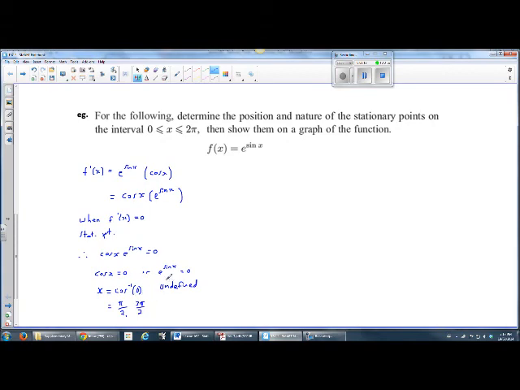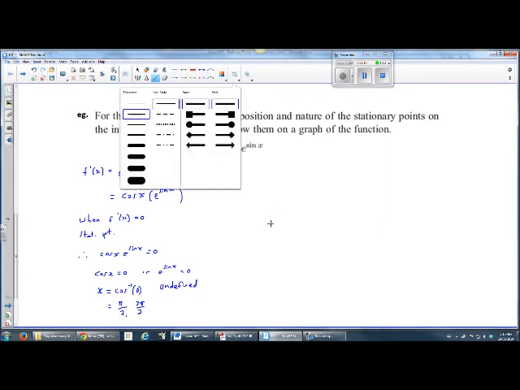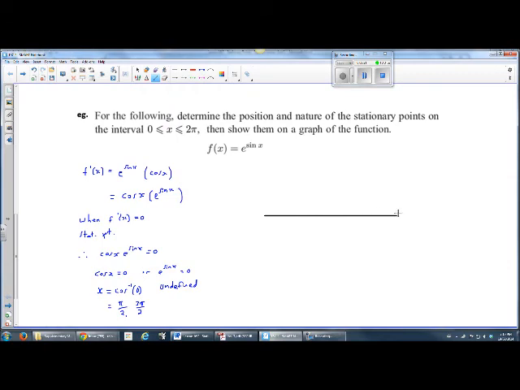So now we'll draw a sign diagram. We see here that we are at pi by 2 and 3 pi by 2. Now it's on the interval from 0 to 2 pi, so suppose I substitute in either 0 or pi by 4, something easy, into the derivative.